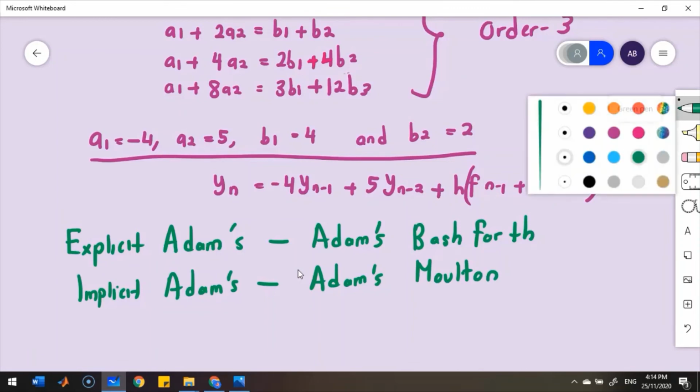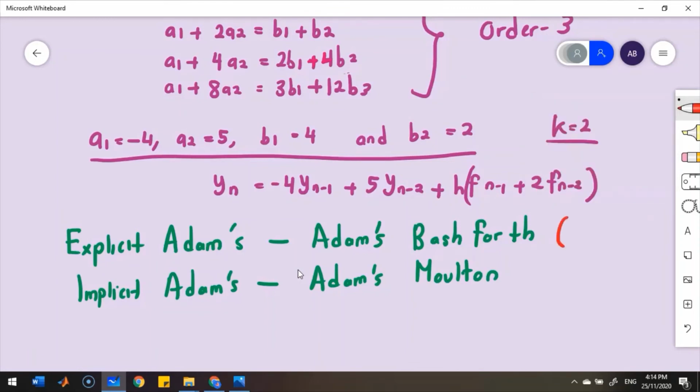Back to the general linear multistep method, the explicit one we obtain when b0 equals 0, and the implicit one we obtain when b0 is not equal to 0. So there are some families of linear multistep methods that you can consider.